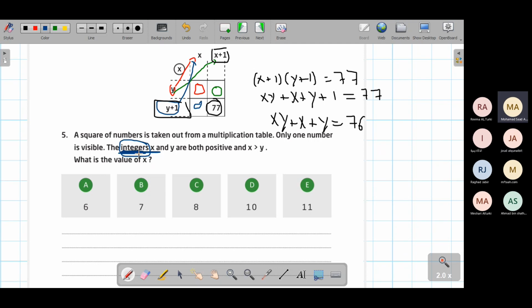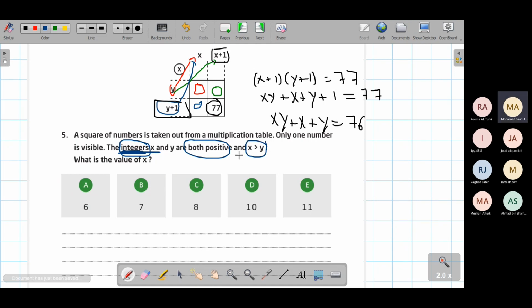It means without a dot. Only 1, 2, 3, 4, 5, or -1, -2, -3, -4, -5. But in this question, he said that both of them are positive, which means that x and y, both of them, are positive. Plus x is greater than y.